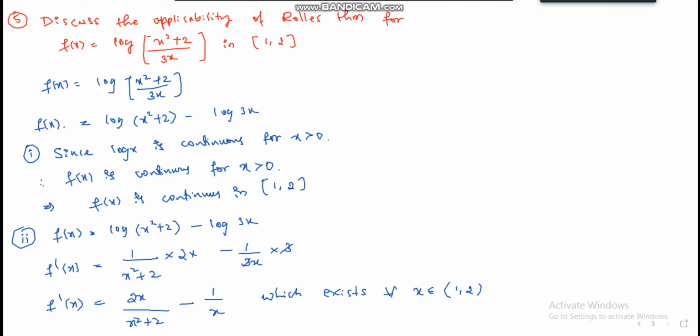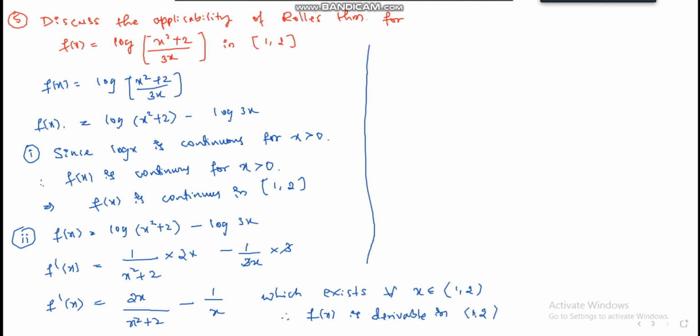Therefore f(x) is derivable in (1, 2). Now we go for the third condition, which we know already.